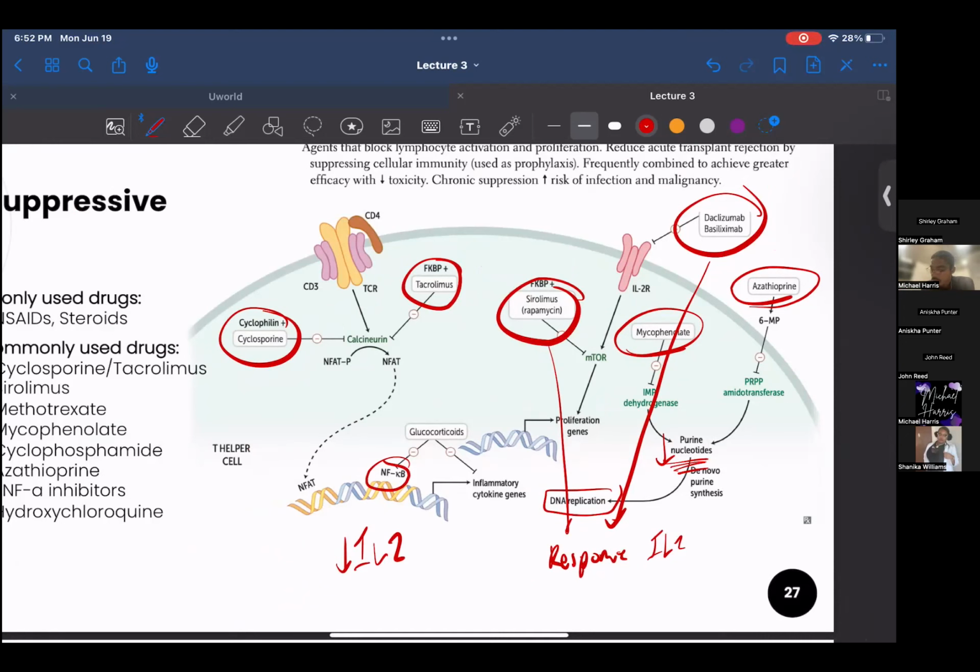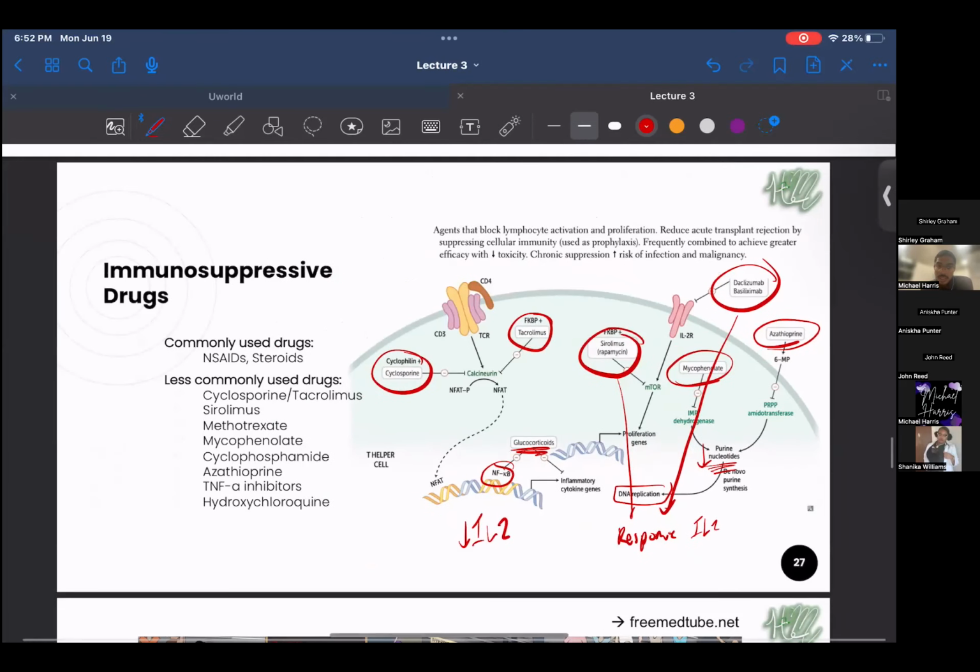That's why glucocorticoids, which inhibit it, are also a substance you can use for immunosuppression. Once again, this is just to prevent acute rejection, so you can reach chronic. And when you reach chronic, you have to get a new one.